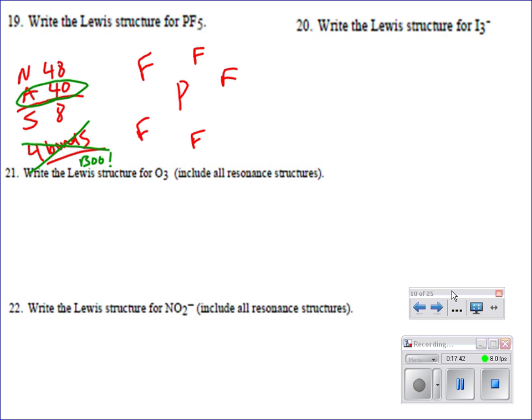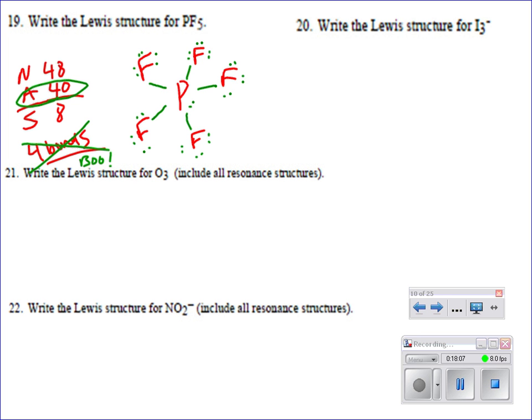So, 40 electrons, here we go. 2, 4, 6, 8, 10. Now go to the outside and start filling those Fs. 12, 14, 16, 18, 20, 22, 24, 26, 28, 30, 32, 34, 36, 38, 40. We used up all 40. And again, if there were like 42 or something, we'd take them and we'd place them on the center.